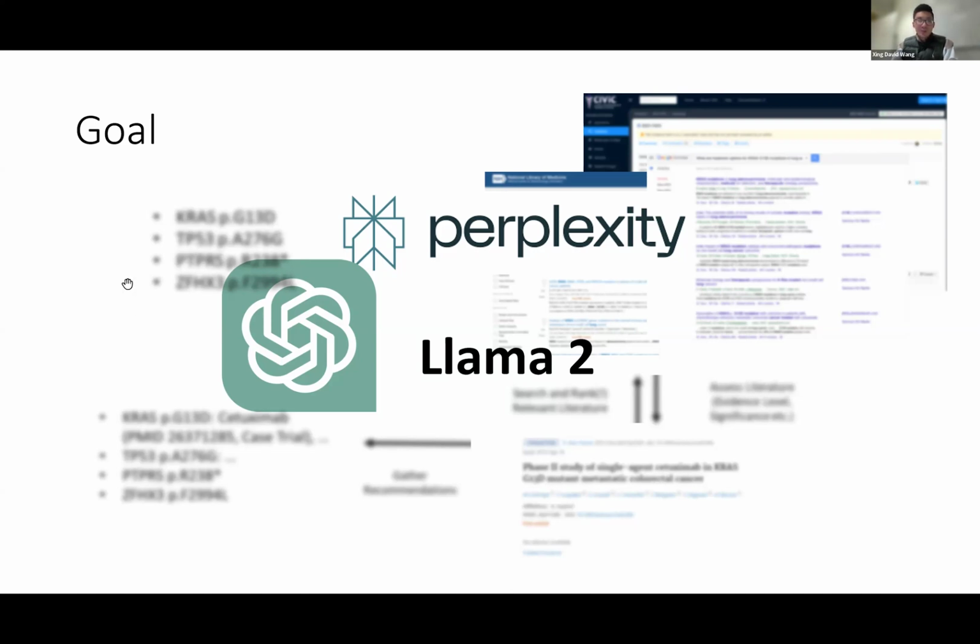With this, we had 2 questions. First, how useful is it in supporting the molecular tumor board? And the other, more difficult question: can a chatbot like ChatGPT already automate the whole process, so it can really replace the oncologists in this work and help them focus on other tasks?